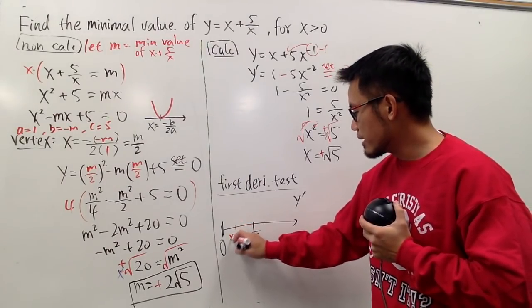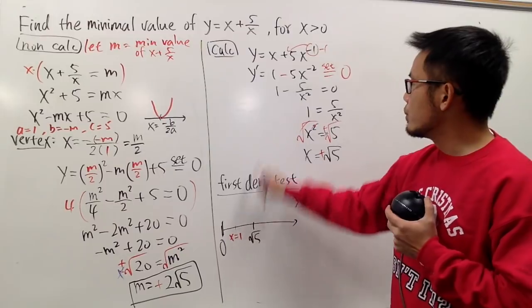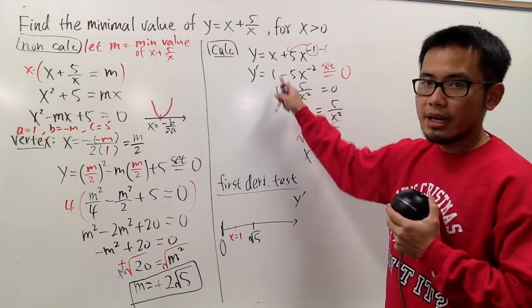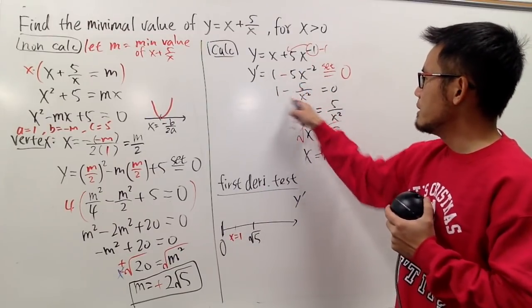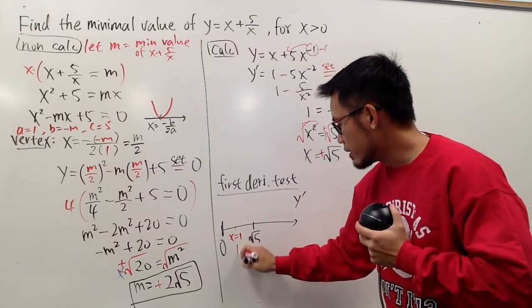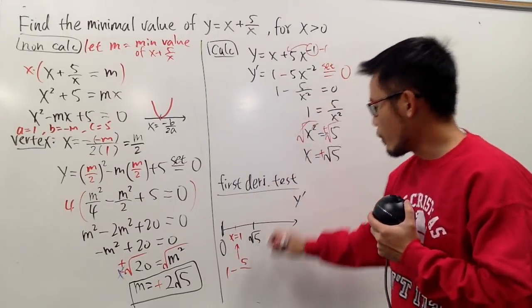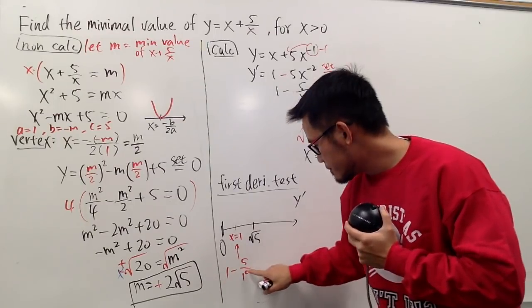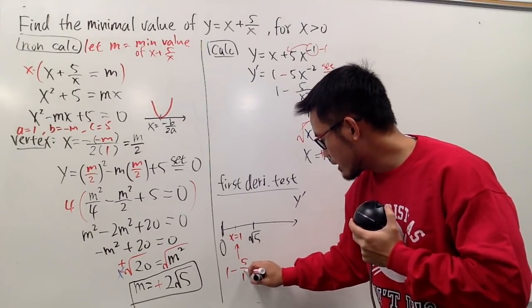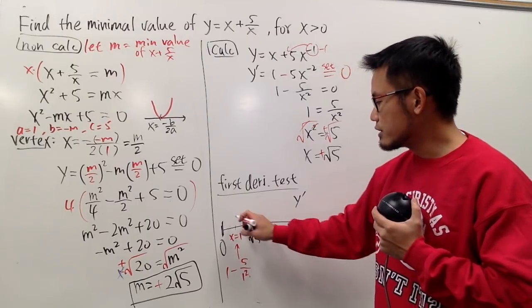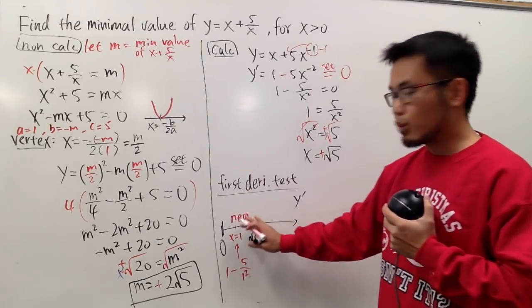If you say plugging x is equal to 1 into the derivative, right? This form or that form. Maybe this is easier. So let's do this right here. This is going to give us 1 minus 5 over 1 squared, right? And we can do this real quick. This is 1 minus 5, which is going to give us a negative derivative.